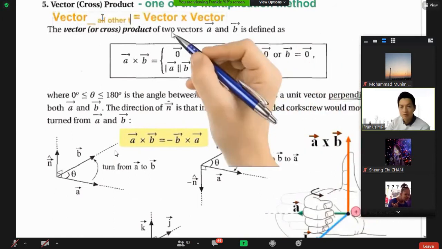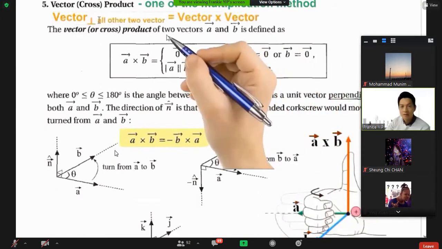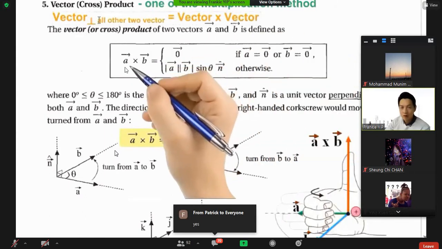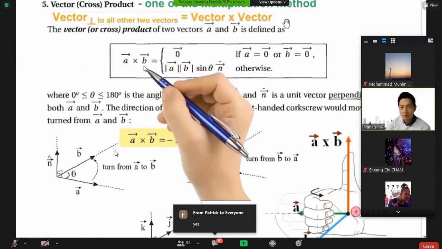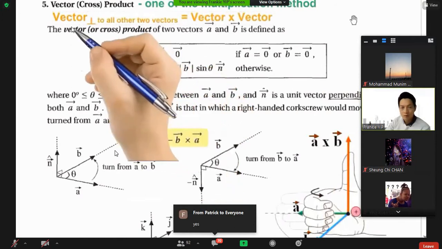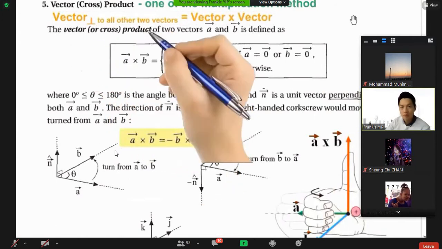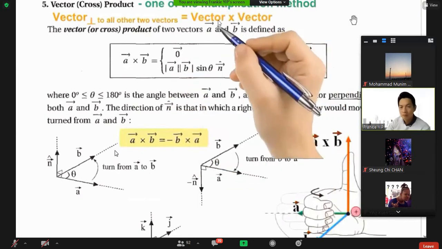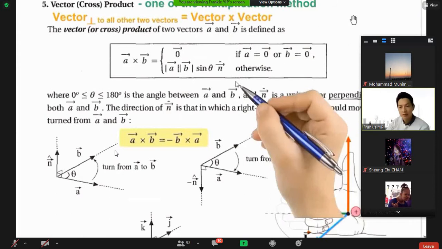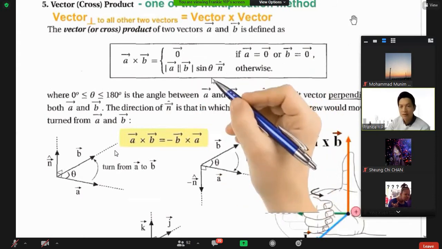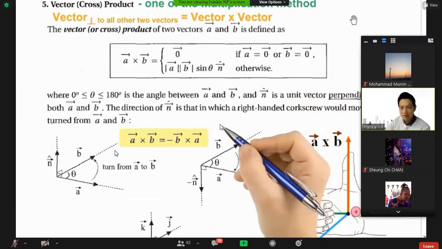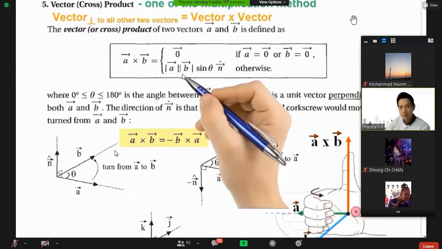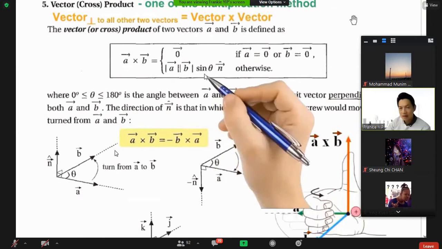Remember, for cross product, when the vector crosses the vector like A cross B, it produces a third vector also perpendicular to both A and B, to both original vectors. Got it? And what is the magnitude of this vector? It's easy. Just magnitude of A times magnitude of B, and then sine theta.